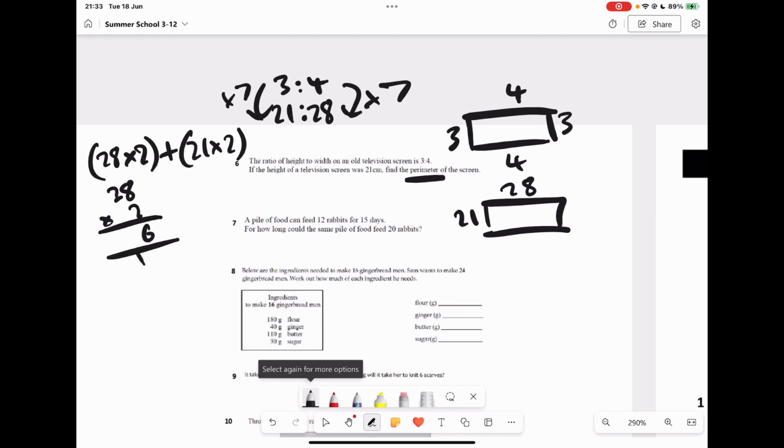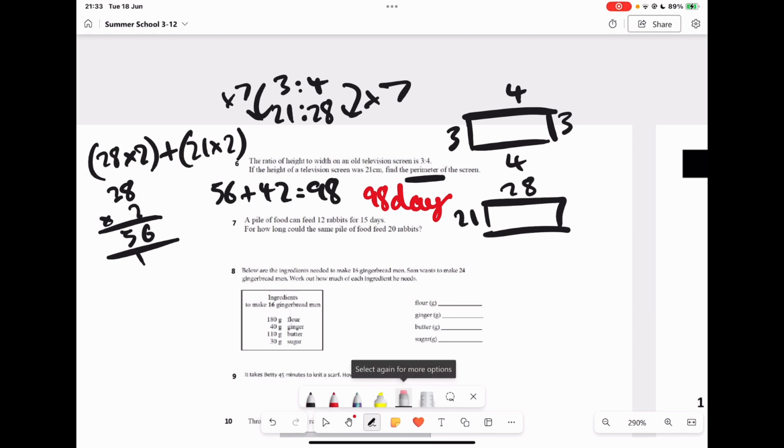That'll be 8 times 2 is 16, 2 times 2 is 4, so 56, and then 21 times 2 is 42. So we can do 56 plus 42, which will equal 98. So this will be 98 days. Or not 98 days, 98 centimeters.